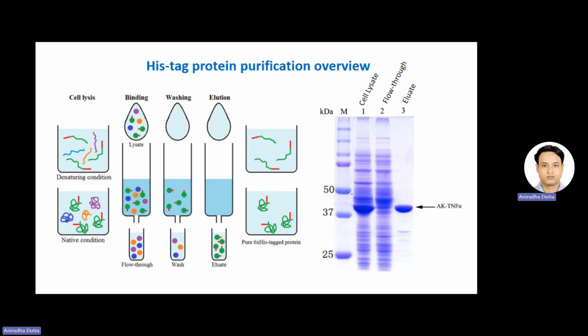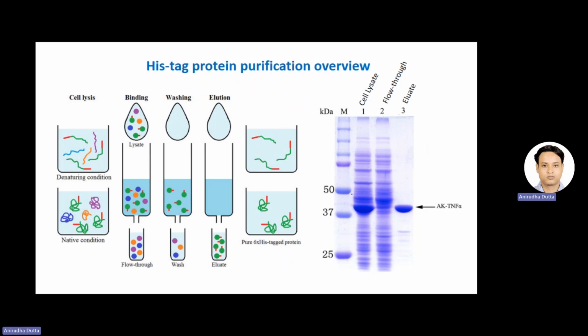You can see the first step, what we discussed, is preparation of the sample and lysis of the cell, where the protein gets extracted from inside the cell into the buffer. If we are using denaturing conditions, the protein will be denatured. If we are using native conditions, the protein will be in folded form.